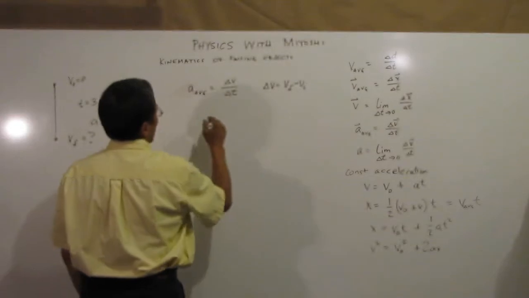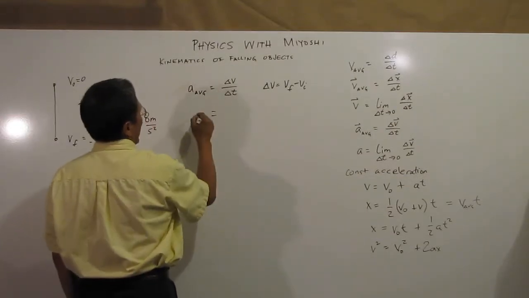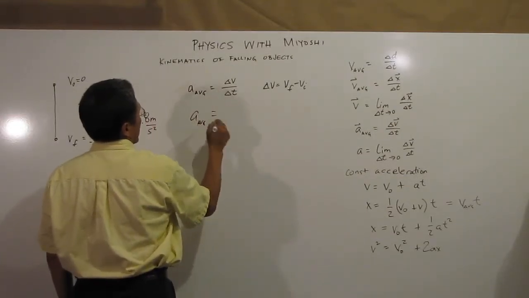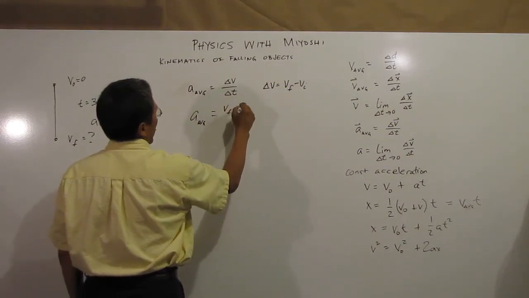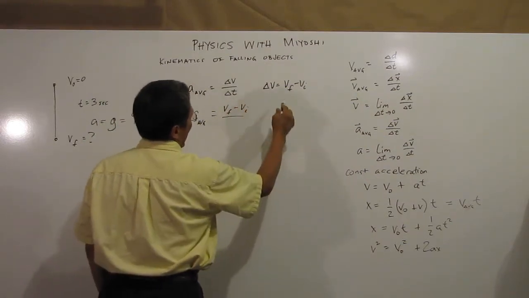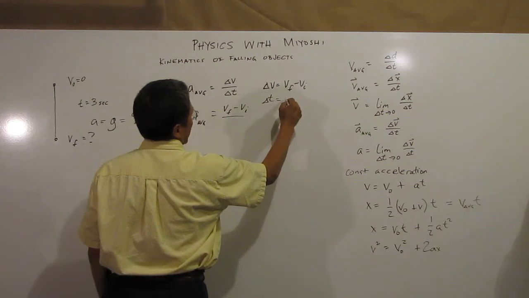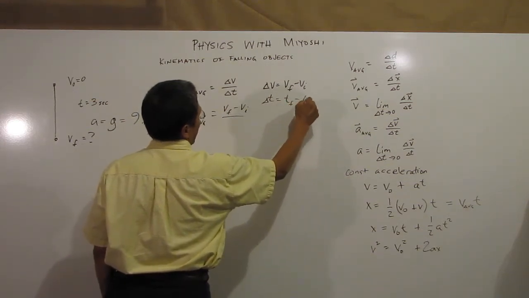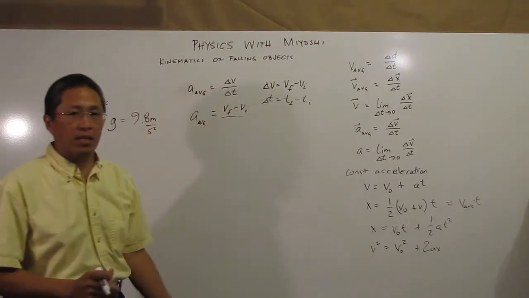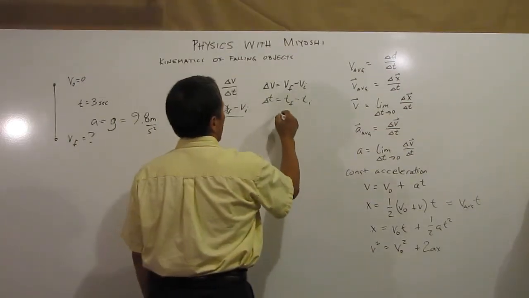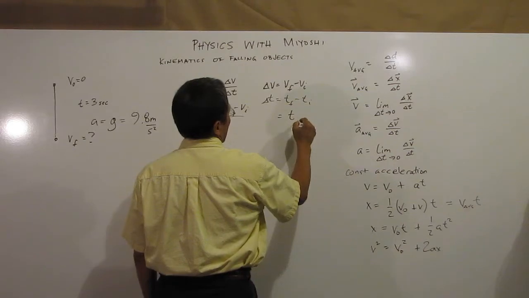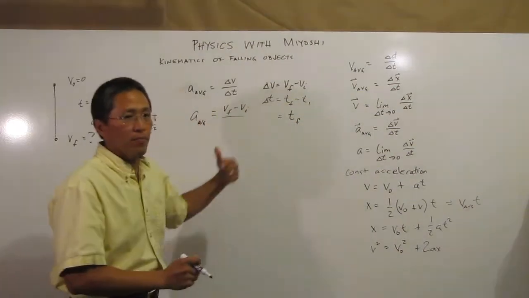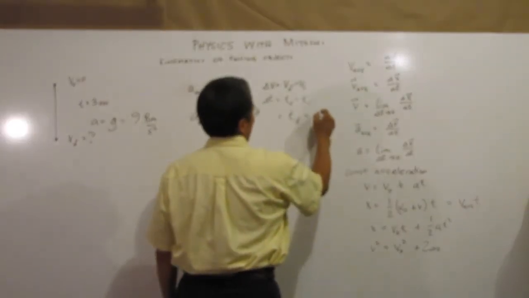So if we rearrange this equation, now we have a average is Vf minus Vi, and then delta t is the same, so it's going to be time final minus time initial. And if we consider the initial time to be 0, we can just say that's t final, and in reality we can just say that is our t.